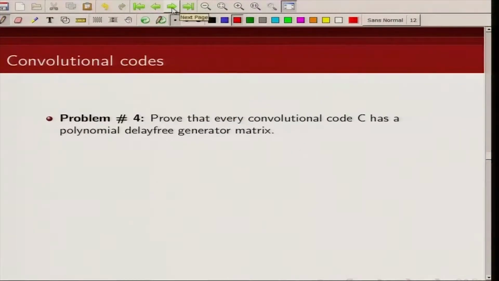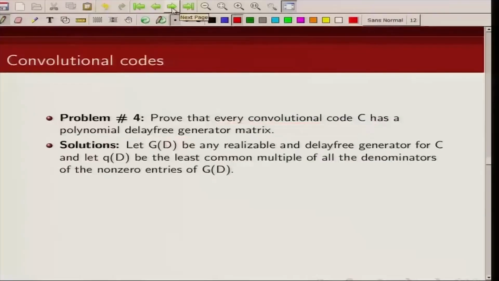Next question. Prove that every convolutional code has a polynomial delay free generator matrix. So for any convolutional code, we have an equivalent polynomial delay free generator matrix.